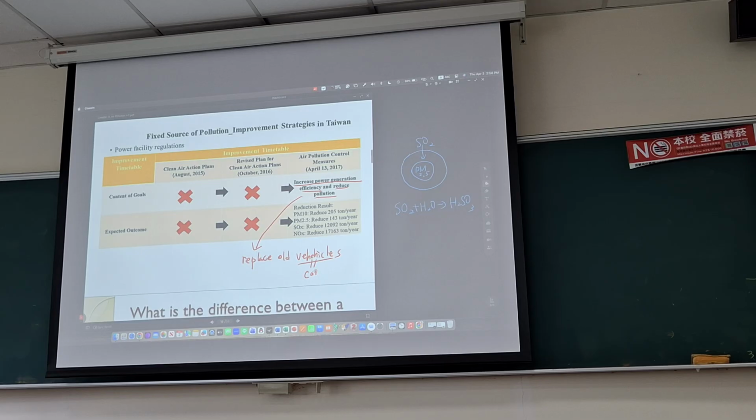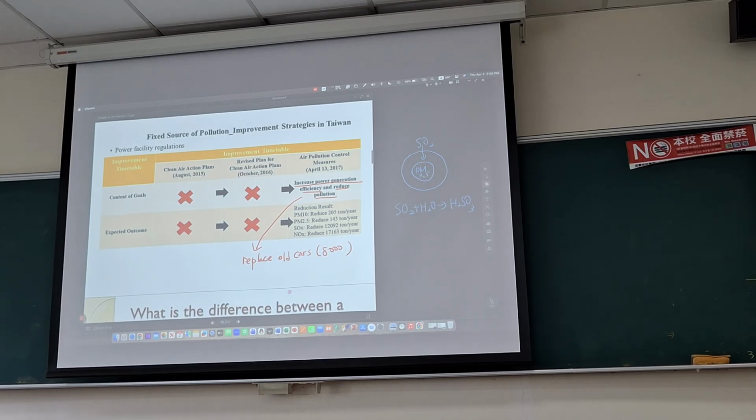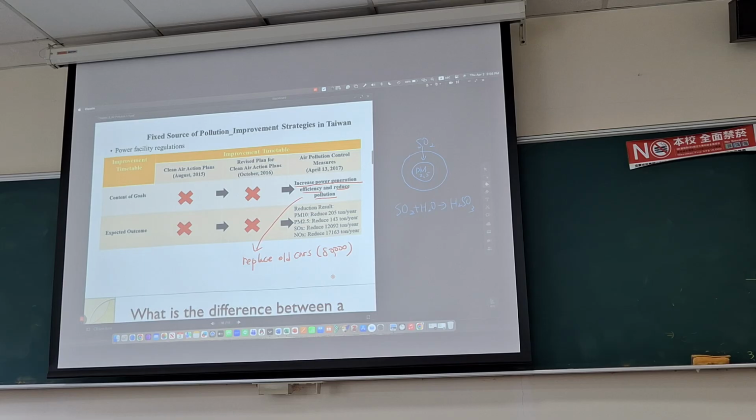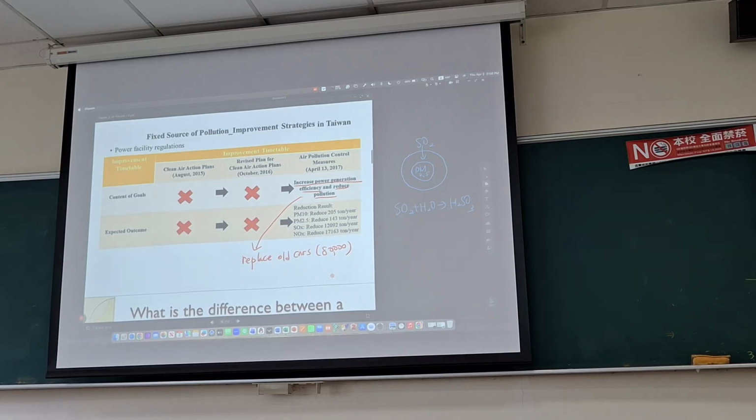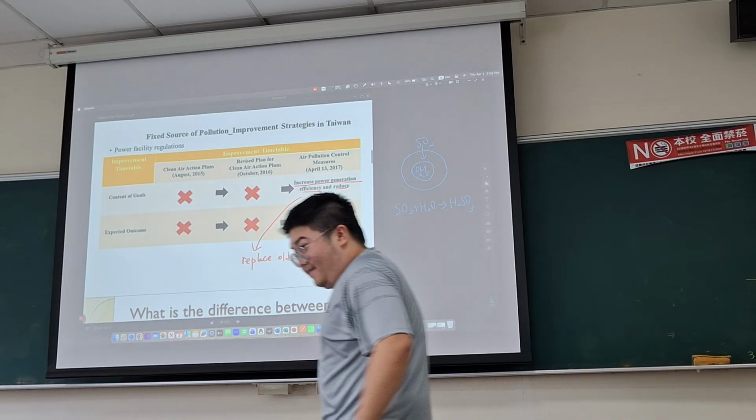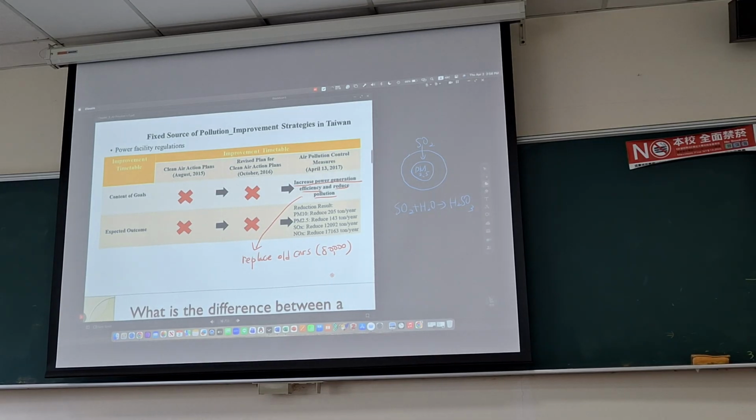But this time there is a cost to replace all the cars: 80,000 old cars. So the Taiwanese government provides rewards. If you want to replace your old car, we can give you some money.